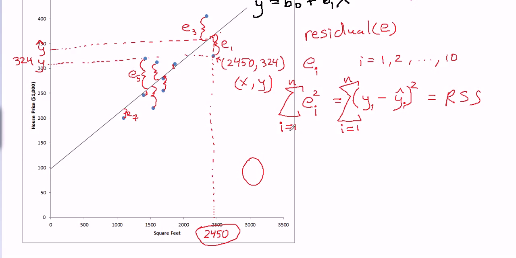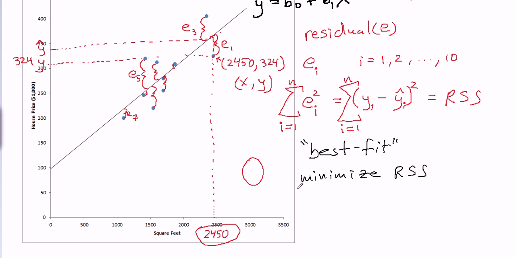Residual sum of squares. Now, our objective to get this best fit line, this line that fits the points as close as possible, best fits them, is to minimize RSS.